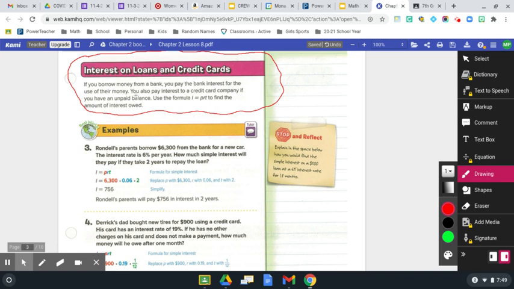So I use some examples such as if you're going to go buy a house, if you're going to go buy a car, you're going to do a very large construction project, let's say in your home, or remodel, and you need to borrow that money. So you need a loan from the bank, but you have to make sure that when you get the loan from the bank that you understand you have to pay the bank back in interest, for however long you keep that loan out. You also pay interest to a credit card company if you have an unpaid balance.